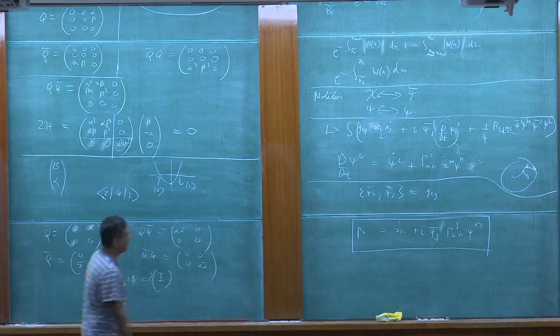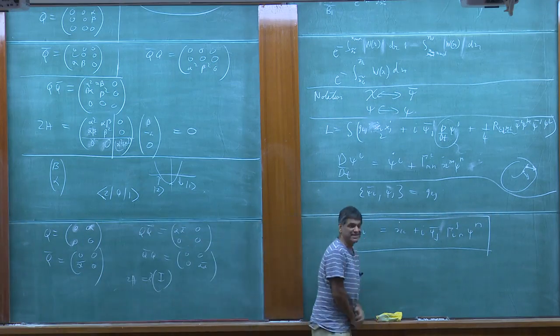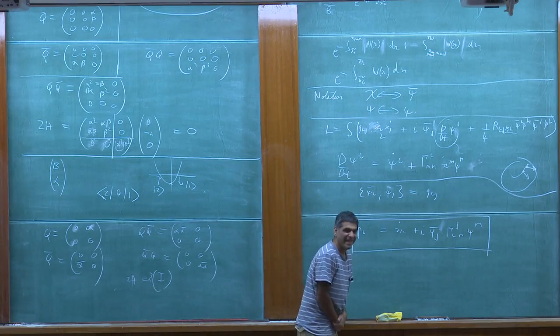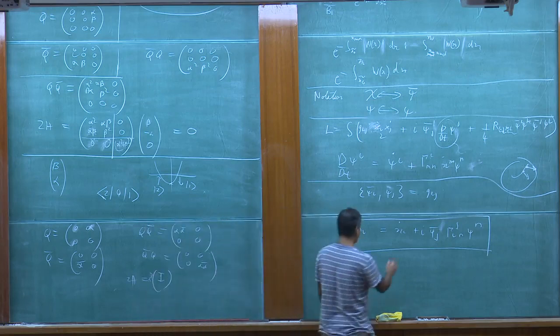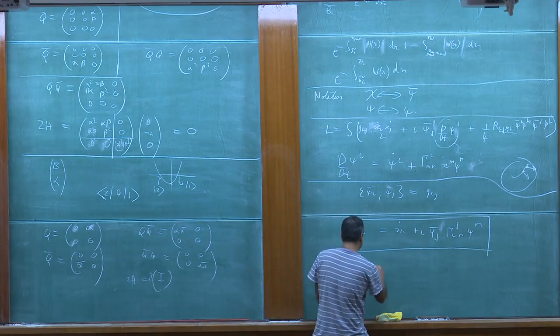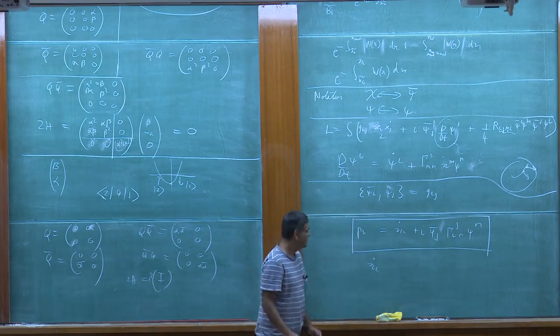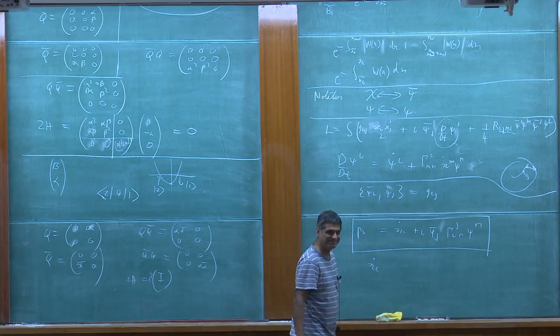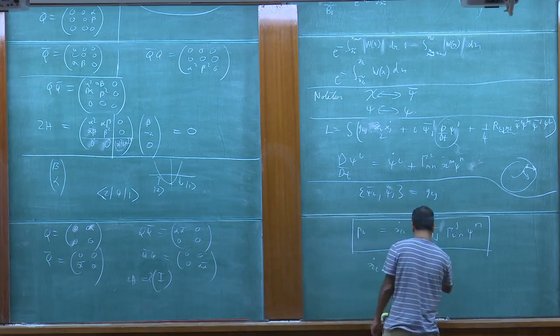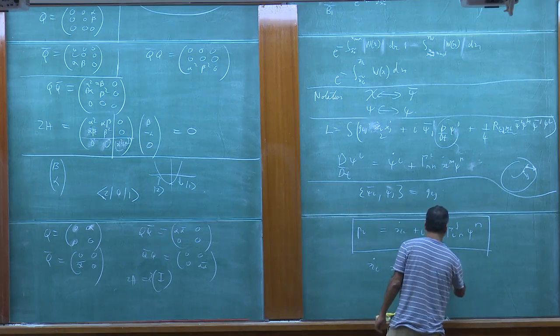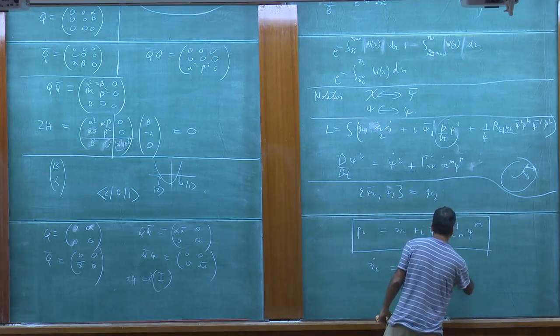Okay, so we have pi is this. Okay, now if we write xi dot, what is that in terms of pi? So that is equal to pi minus I psi bar_j gamma^I n^j psi_n.